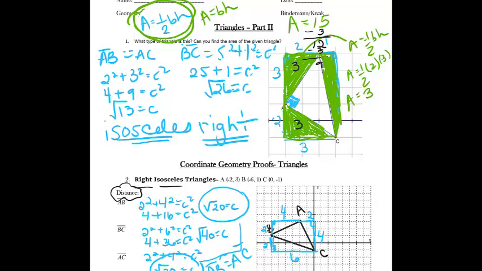So I've got to find the area of this triangle. Area equals 1/2 base times height. 1/2 times 1 times 5, I think we said. So that would be 2.5. So this part is 2.5.